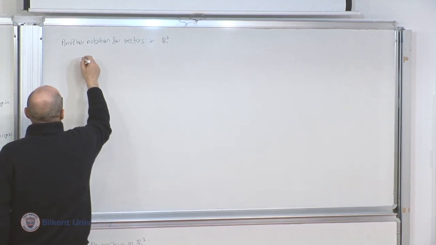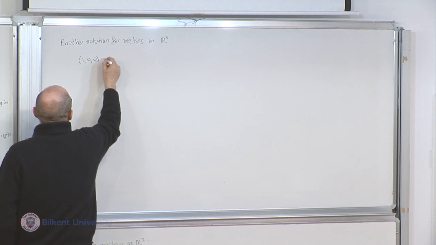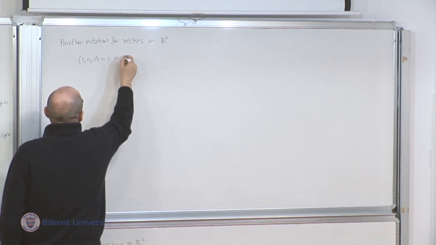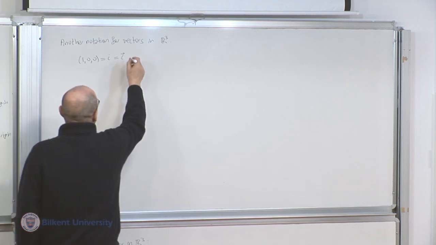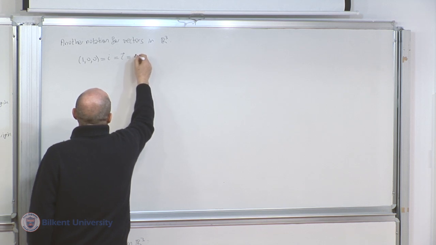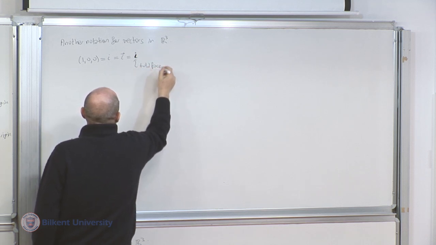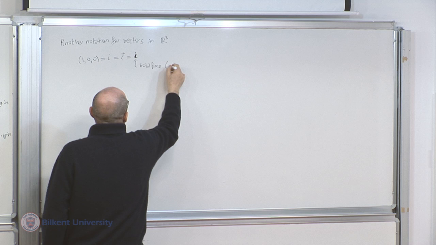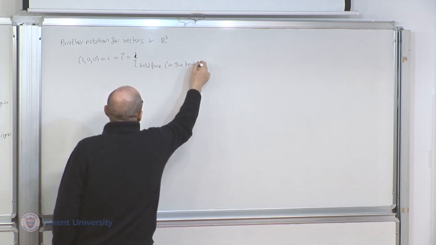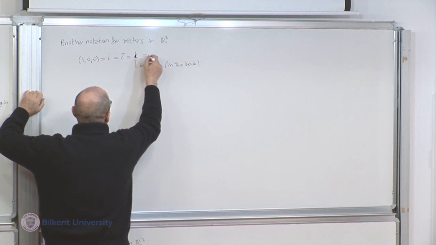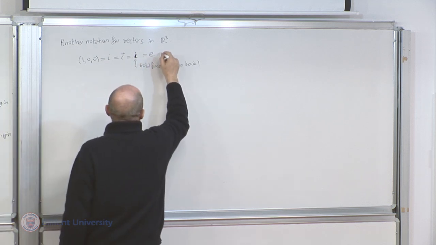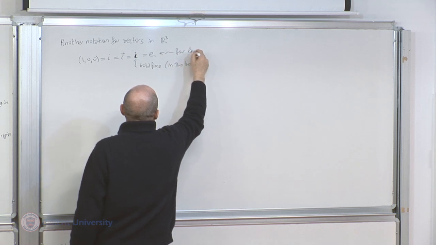The vector 1, 0, 0 is denoted by I. Sometimes it is denoted by I with an arrow on it, and sometimes in the book it will be a boldface I. So this is generally in the book. Later on, when you do linear algebra, sometimes this will be called E1. So this is for linear algebra.